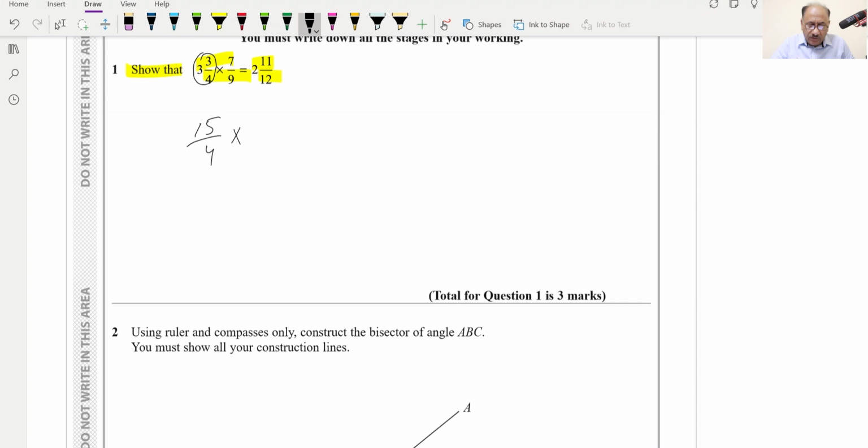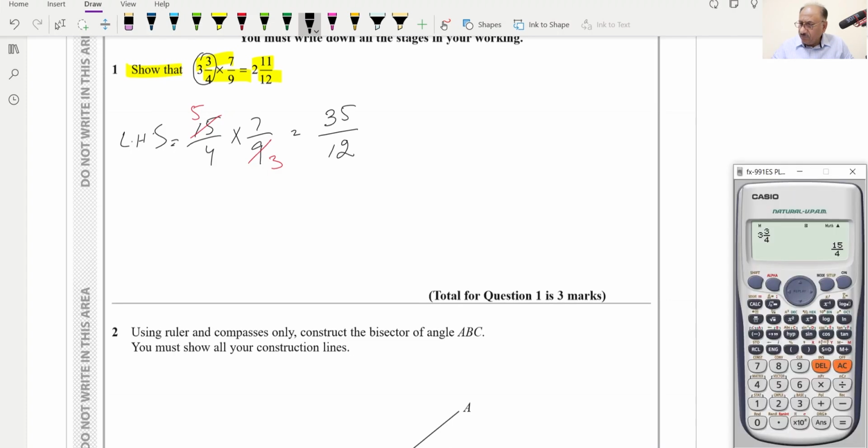15 by 4 multiplied by 7 by 9, and this is our left hand side. Further we can simplify this and cancel. 3 3s are 9, 3 5s are 15, and this will be 5 7s are 35 over 12.